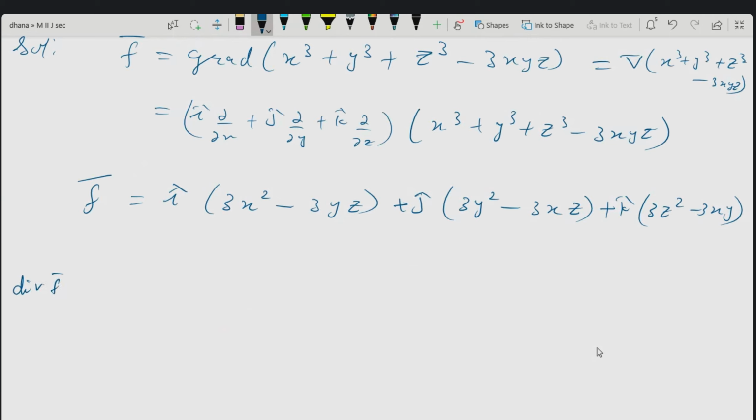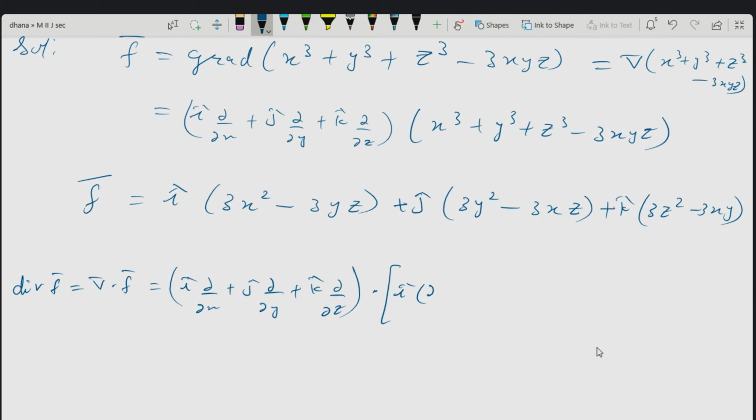So now divergence of f bar. Divergence of f bar means del dot f bar. Del means i dou by dou x plus j dou by dou y plus k dou by dou z. Dot product on f bar. Okay, 3 I can write common, so I'll write 3 outside.